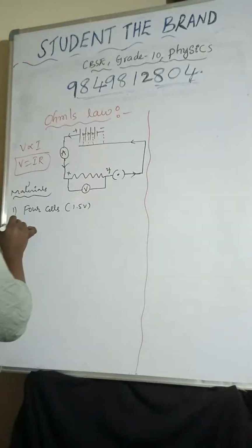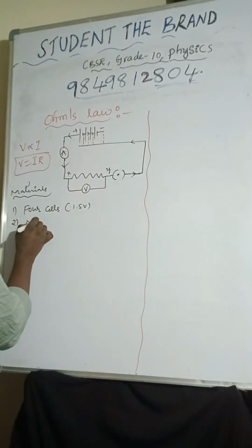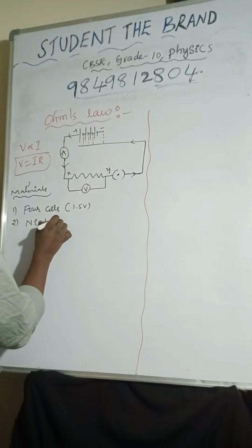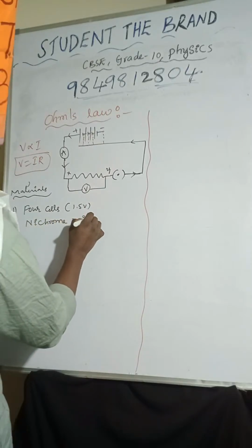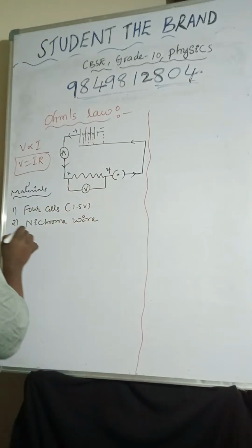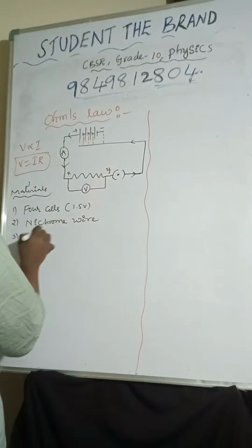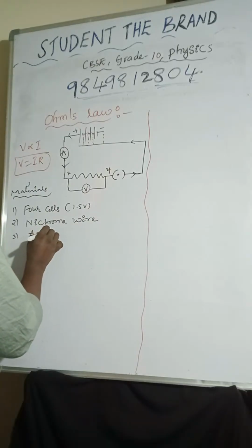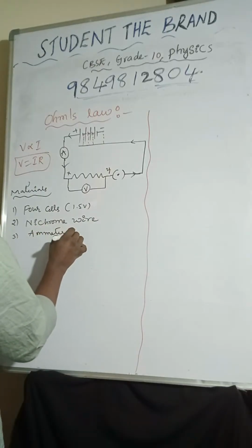Next, nichrome wire, an alloy of nickel, chromium, manganese, and iron metals. Next, ammeter and voltmeter.